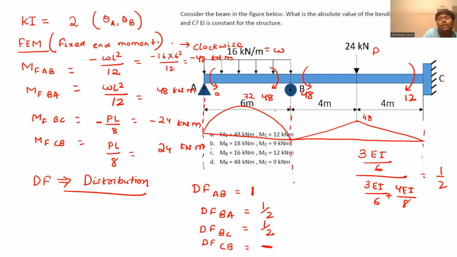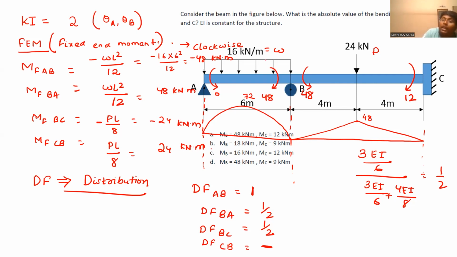Once you are done getting all those bending moments at the joints, while you plot, you should consider bending moment to be sagging and hogging, not clockwise and anti-clockwise. Remember, 0 is 0, so it will start with 0.